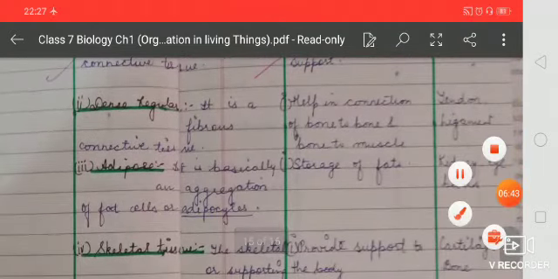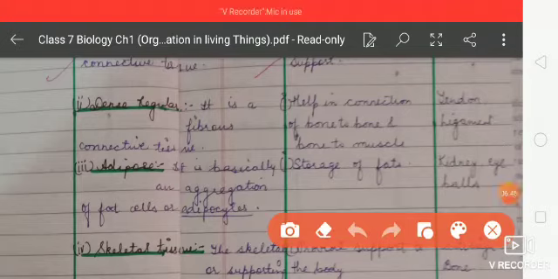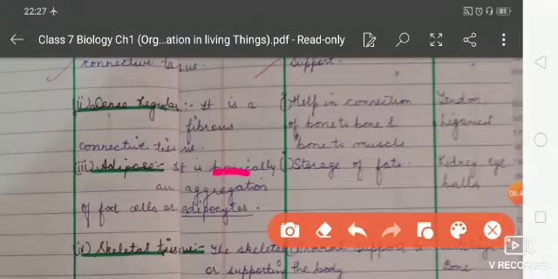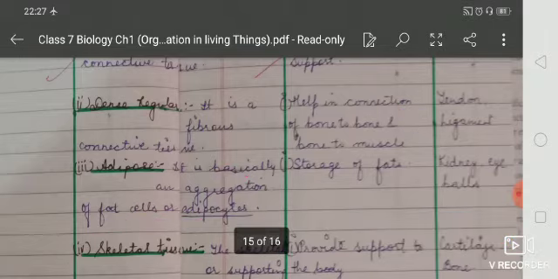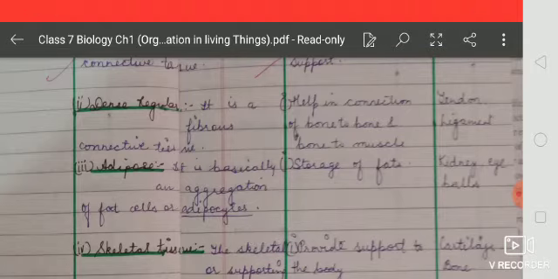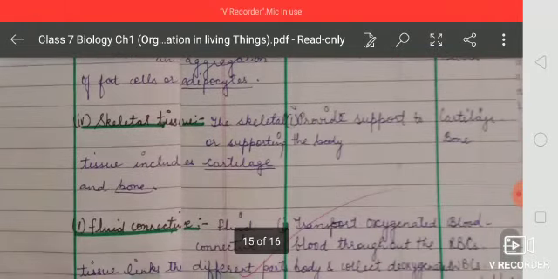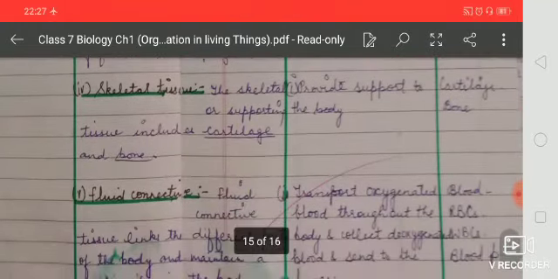Adipose tissue is basically an aggregation of fat cells or adipocytes. It helps in connection of bone to bone and bone to muscles, it stores fat, and it regulates body temperature. Next one is skeletal tissue.